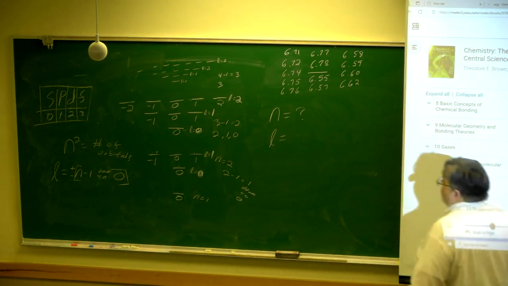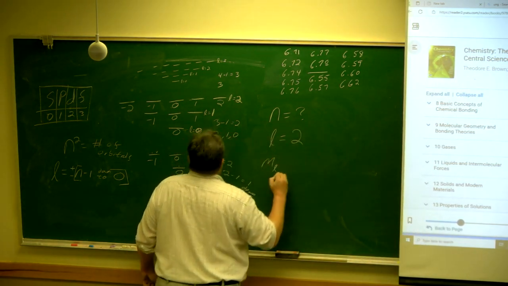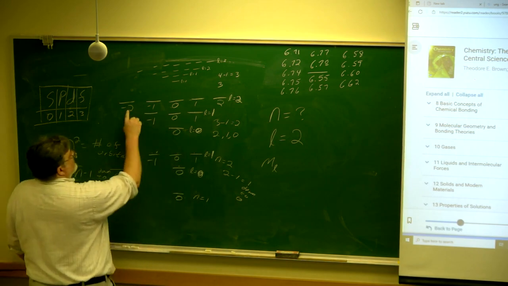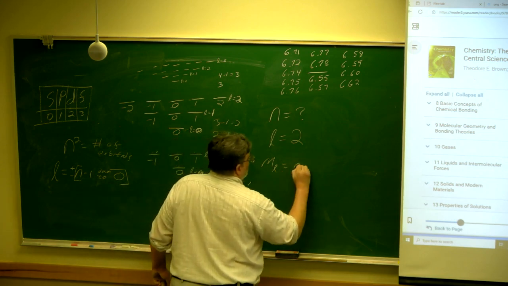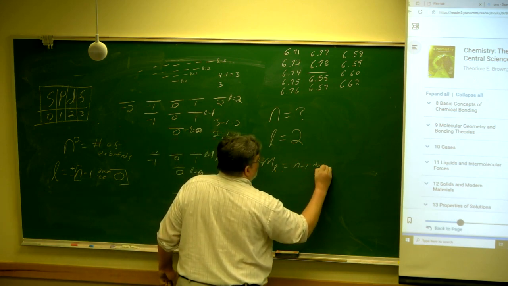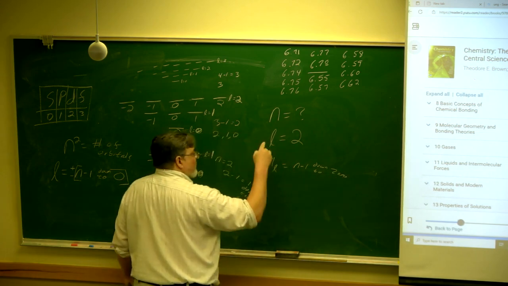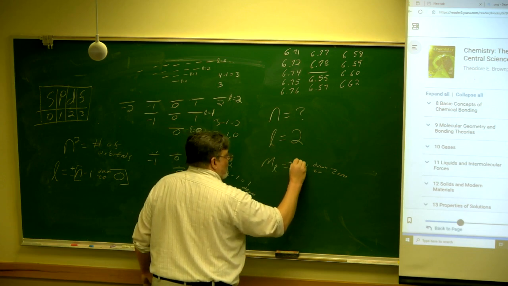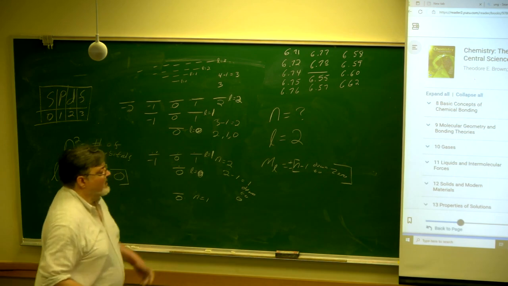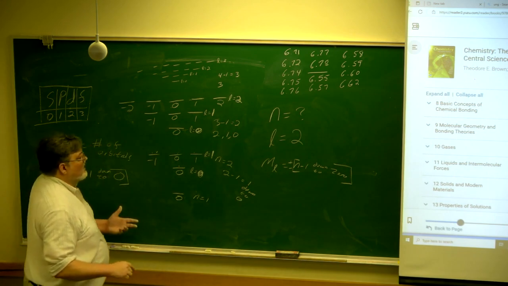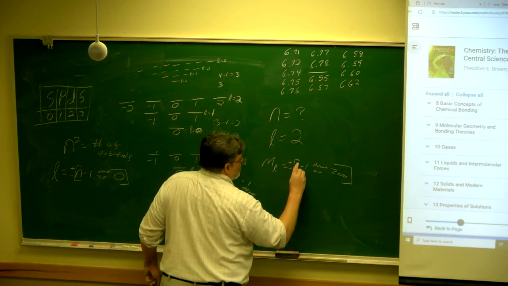L equals 2. Now, the values of ML, that's these. These are going to be n minus 1, just like before. Now I'm going to do the plus minus. So it's L to m sub L does the plus minus. And this is L.